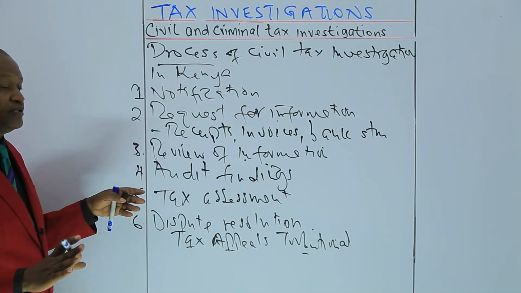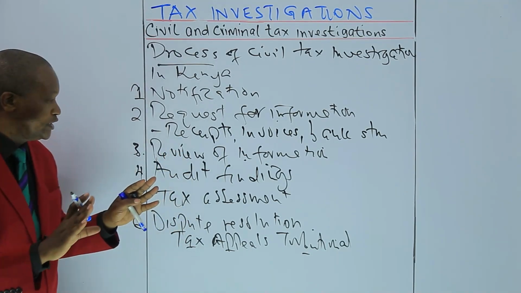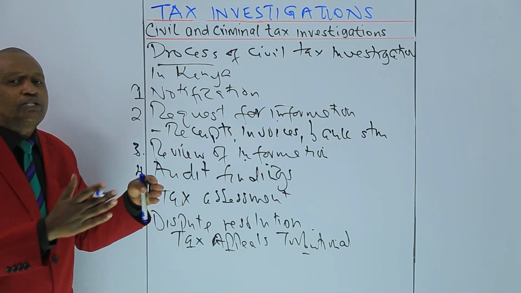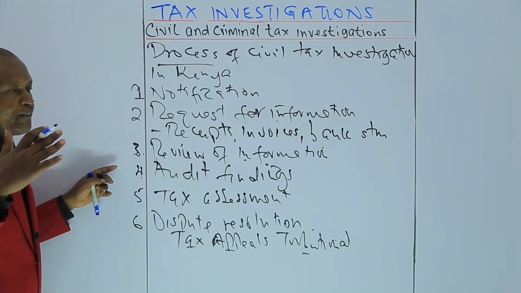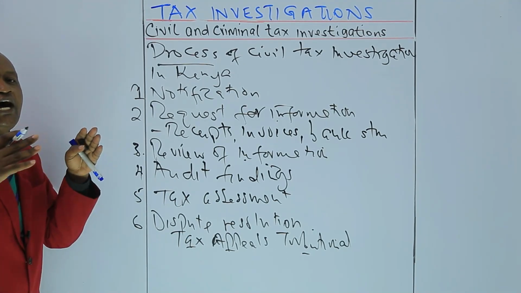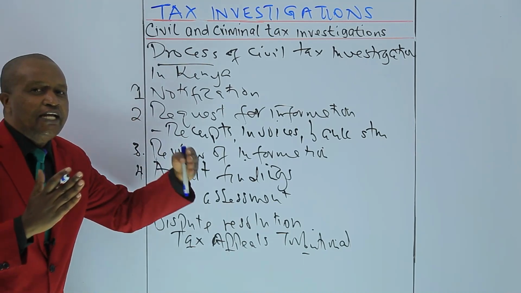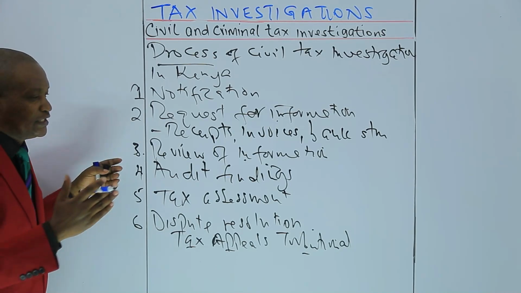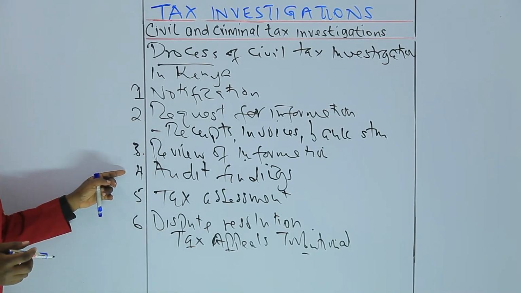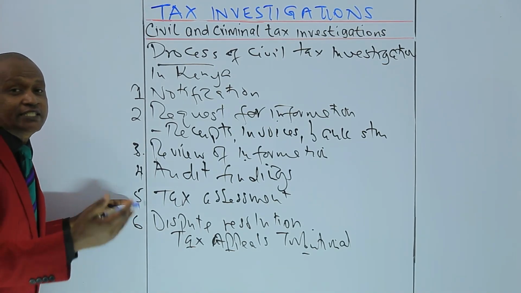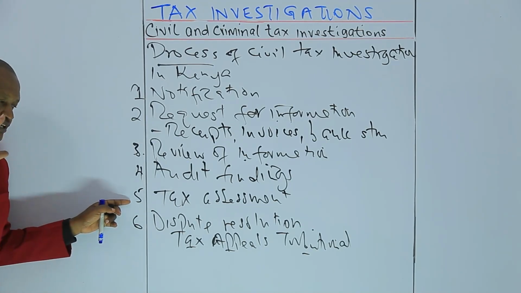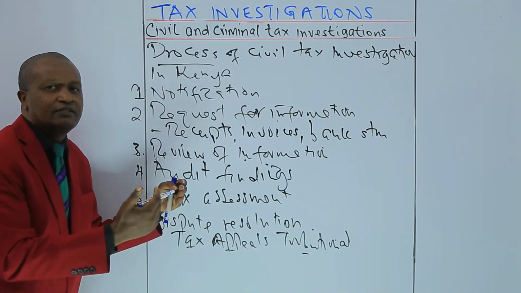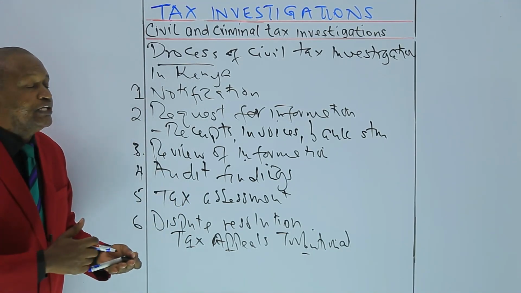Based on their review, the revenue authority will issue what we call an audit report outlining any discrepancies or errors found in the taxpayer's returns. Then step number 4, we have the tax assessment. If the revenue authority determines that the taxpayer owes more tax, they'll issue a notice of assessment.